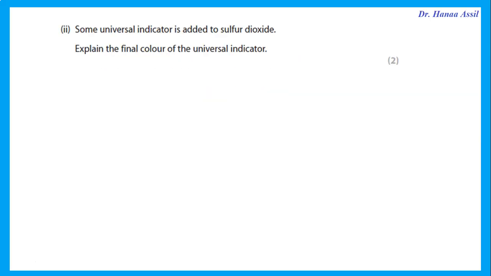Some universal indicator is added to sulfur dioxide. Explain the final color of the universal indicator. Now you should know that sulfur dioxide is acidic, and that means if it is dissolved in water, it forms an acid. Now SO2, sulfur dioxide, if it is directly dissolved in water, the acid that is formed is actually sulfurous acid.